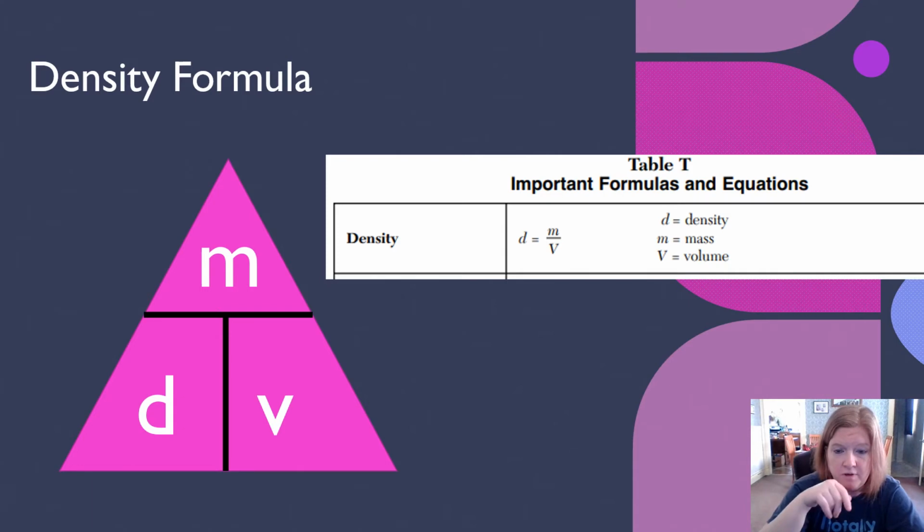A lot of people prefer this method, so you're writing it just like the formula: density is mass over volume. So you can write it as this triangle, okay?